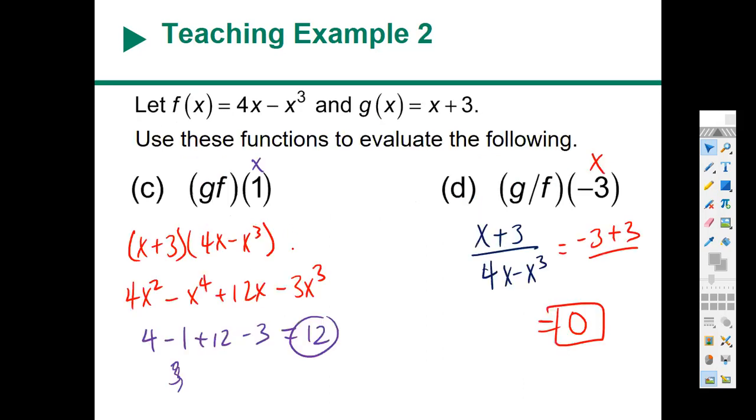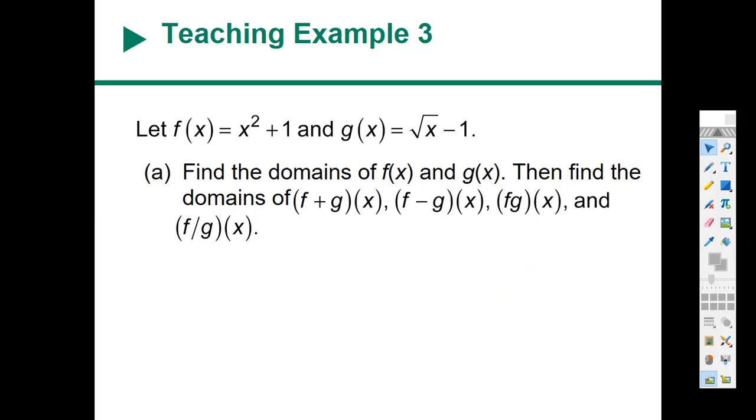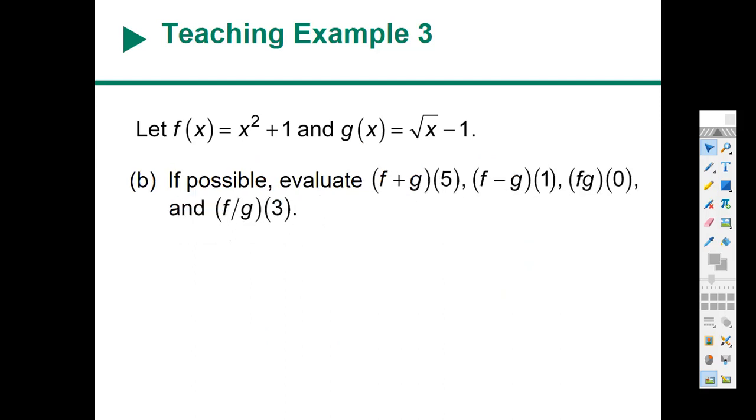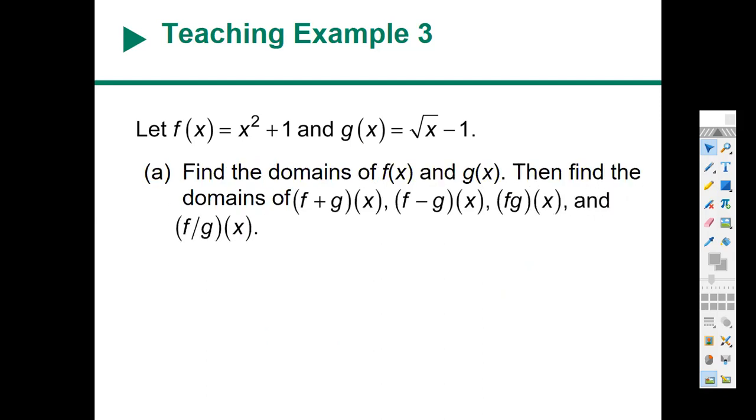The difference is that before we had a number to plug in at the end. Here we don't, so we're going to do the operations and then describe the domain. Write it down. So here's our f of x, and here's our g of x, and we're going to find their operations: add, subtract, multiply, divide.